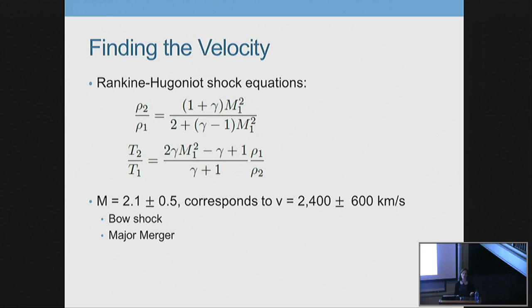So we do indeed have bow shock here. And furthermore, based on the cold front and shock features that we'd seen, which are characteristic of major mergers, we have concluded that this cluster is likely undergoing a major merger, which is 2 clusters of equivalent magnitude merging.